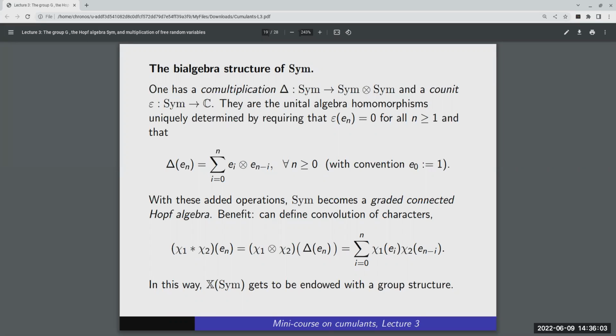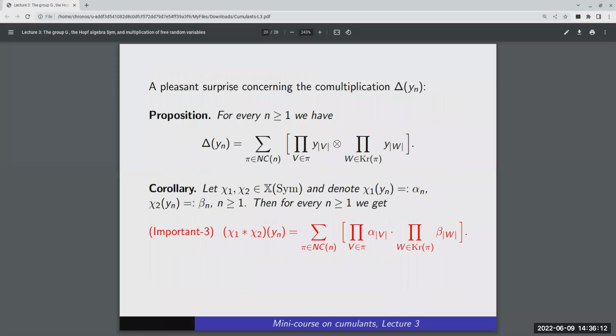Now the point is that I don't want to look at X of Sym directly. This is the group that I look at, but the way I want to describe it is in terms of my y's. This is not easy, it requires some head scratching. But theoretically it is clearly determined, since the y's are written in terms of the e's.